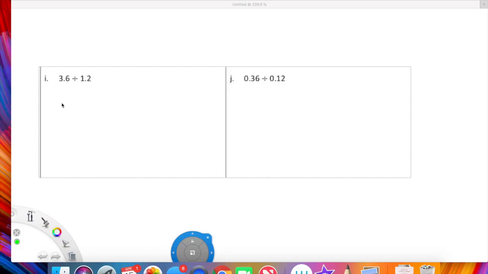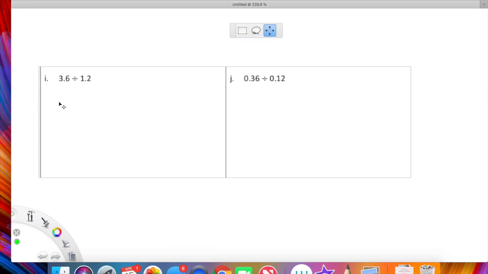Module for lesson 30, problems I and J, and what the heck? We're going to be doing 3.6 divided by 1.2.